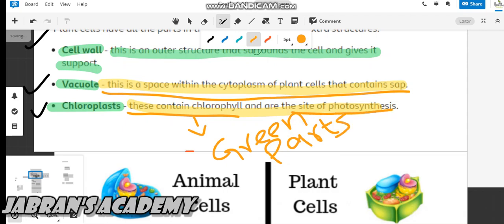All the green parts of the plant are the places where photosynthesis occurs. When you see trees, you mostly see leaves, and in some plants the stems are also green, but mostly the leaves are green in color and photosynthesis occurs there. That is the part where the absorption of light can take place in a better way. Hope you understand that.